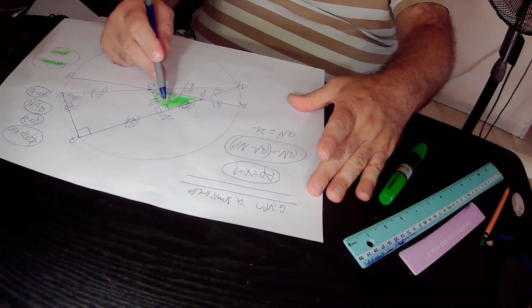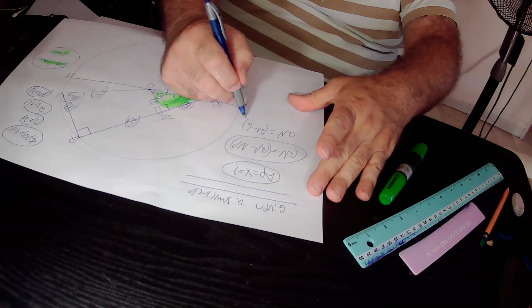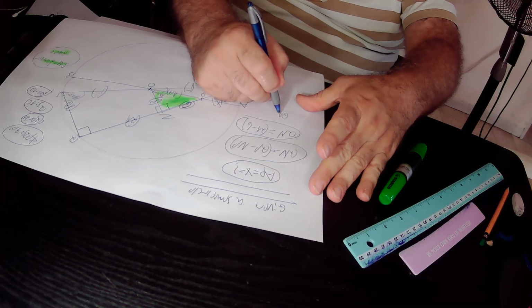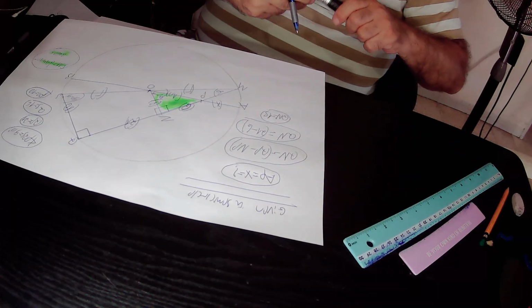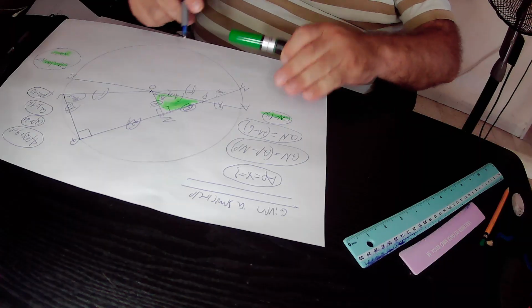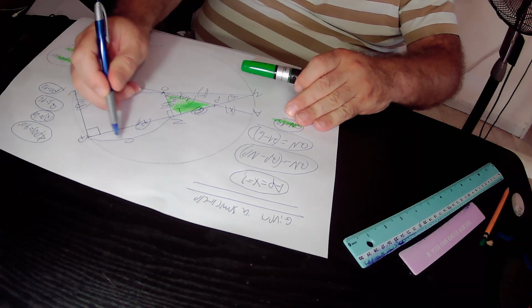We just found out that NP equals 6 units in length. So in total, QN equals 21 minus 6, that is 15. QN equals 15 units in length. So actually, this is the missing side QN that is equal to 15 units in length.